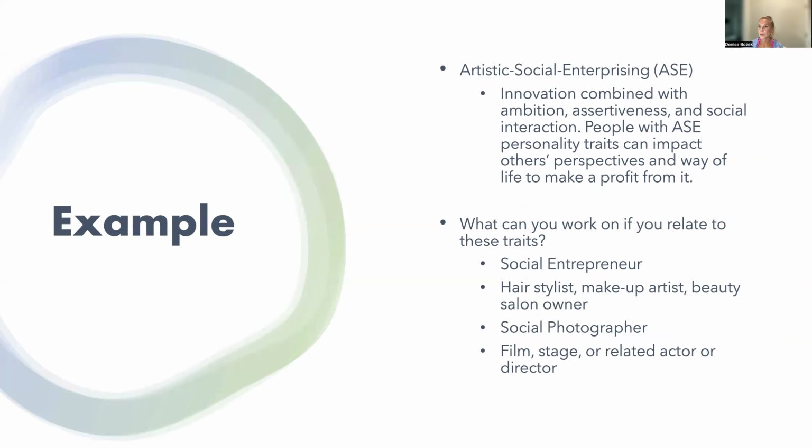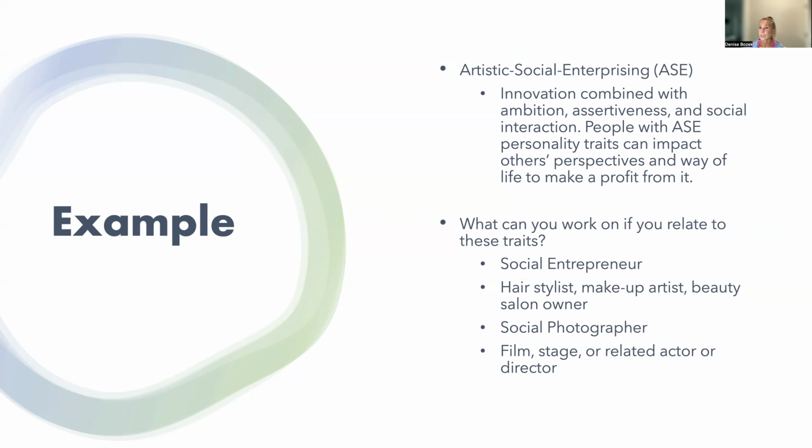When you go through the RIASEC and find out what your personality type is, you'll usually get 3 of the 6 personality types. An example would be artistic, social, and enterprising, or ASE. That person could have some ambition, be assertive, want that social interaction.